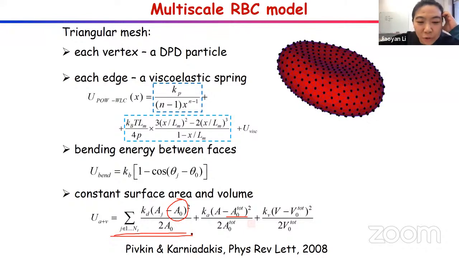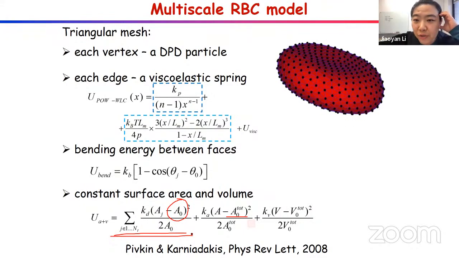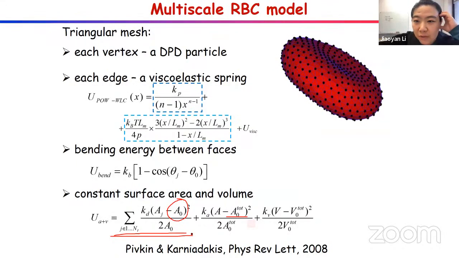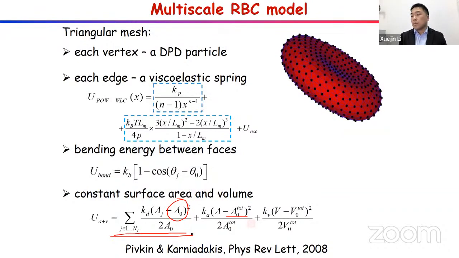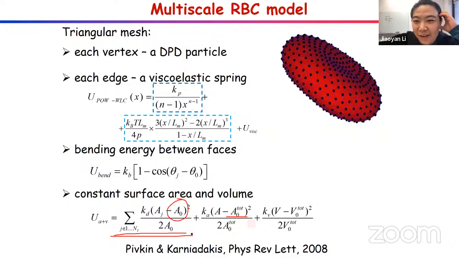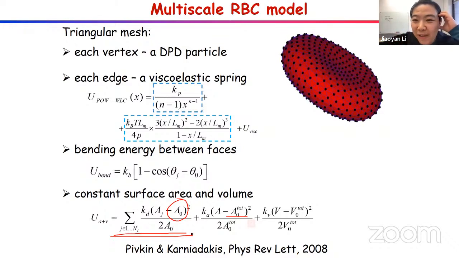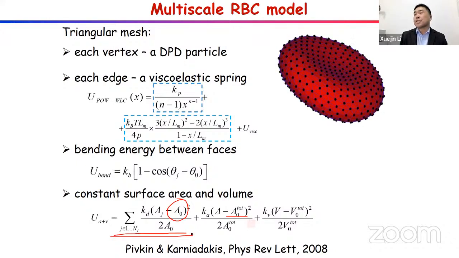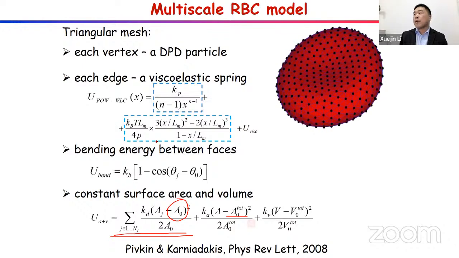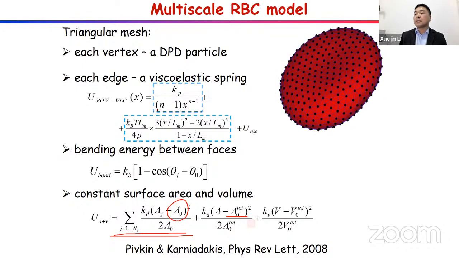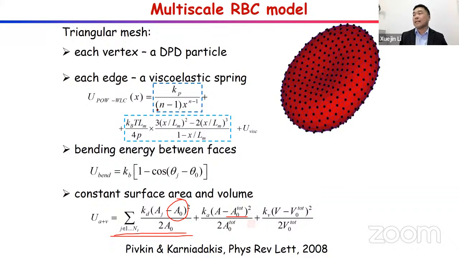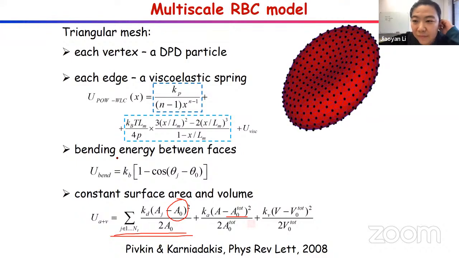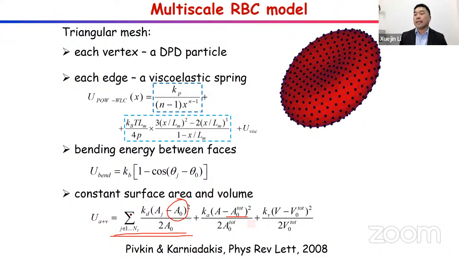Then does this RBC model require a very uniform meshing network? Say if I have a very non-uniform network, with some very bad shapes of triangles. Actually, it's a multiscale red blood cell model, so you can change the triangular network. You can use a denser network, or you dilute it, but you change some parameters, like A0.